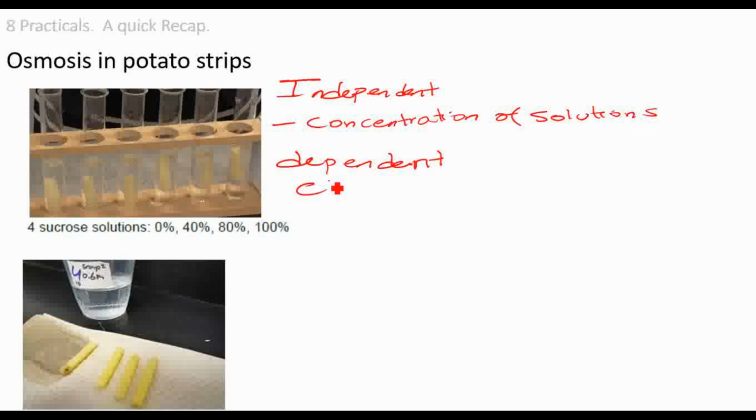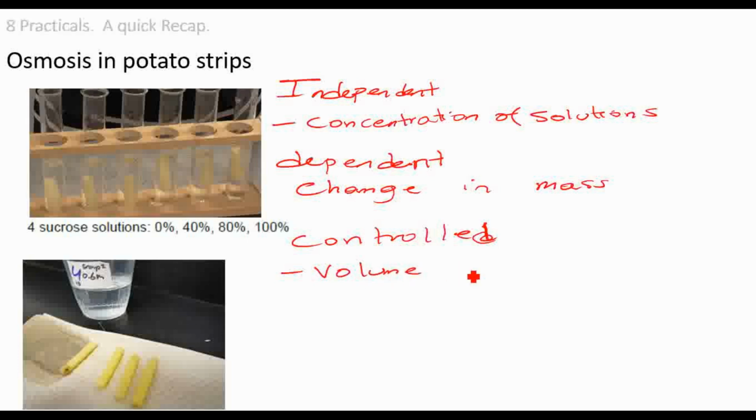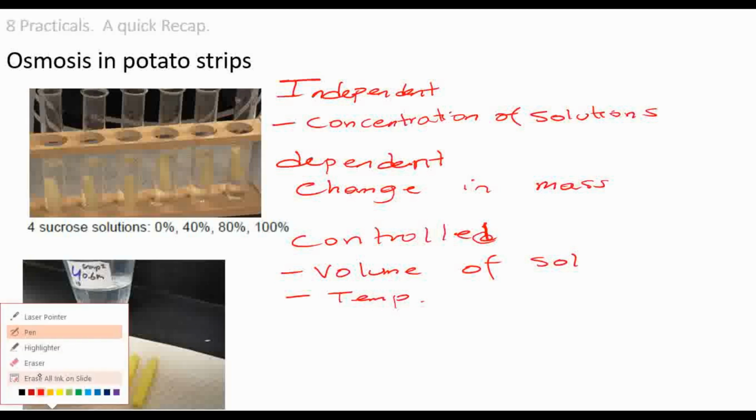So you're measuring the change in mass, okay? And your controlled variable is what you're keeping the same. And what you're keeping the same is the volume of the solution, okay? You're also keeping the temperature the same, okay? All right, so ensure that you know about the variables.